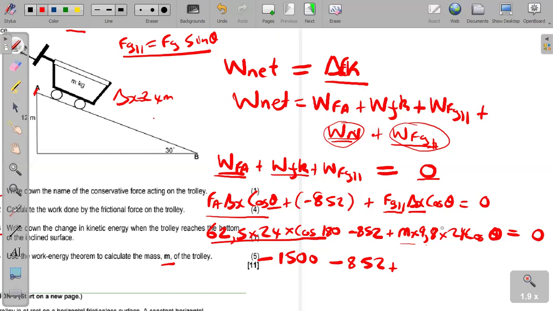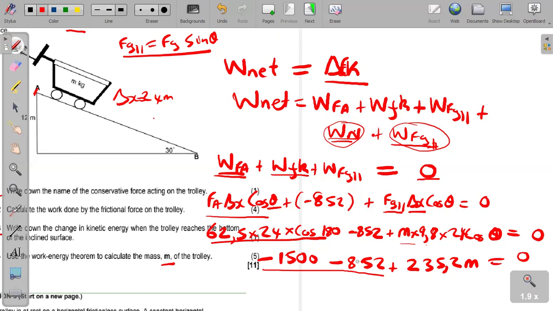That's 9.8 multiplied by 24 times cos 0. Obviously, it's going to give us 235.2 m, which is equal to 0. There we go. So we can first simplify this first part: negative 1,500 minus 852.